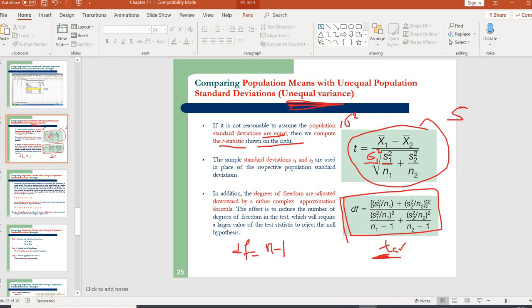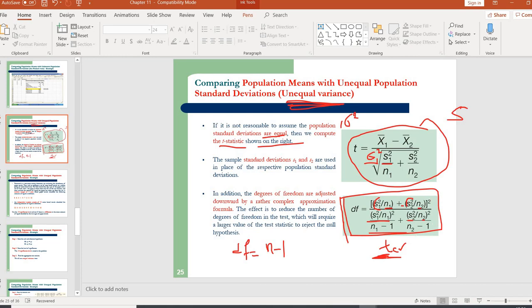The degrees of freedom will be obtained by taking the sample 1 variance over n1 plus the sample 2 variance over n2, and we square everything, divided by the same ratio for sample 1, squared, divided by n1 minus 1, plus the same ratio given by the variance of sample 2 over n2, squared, divided by n2 minus 1.